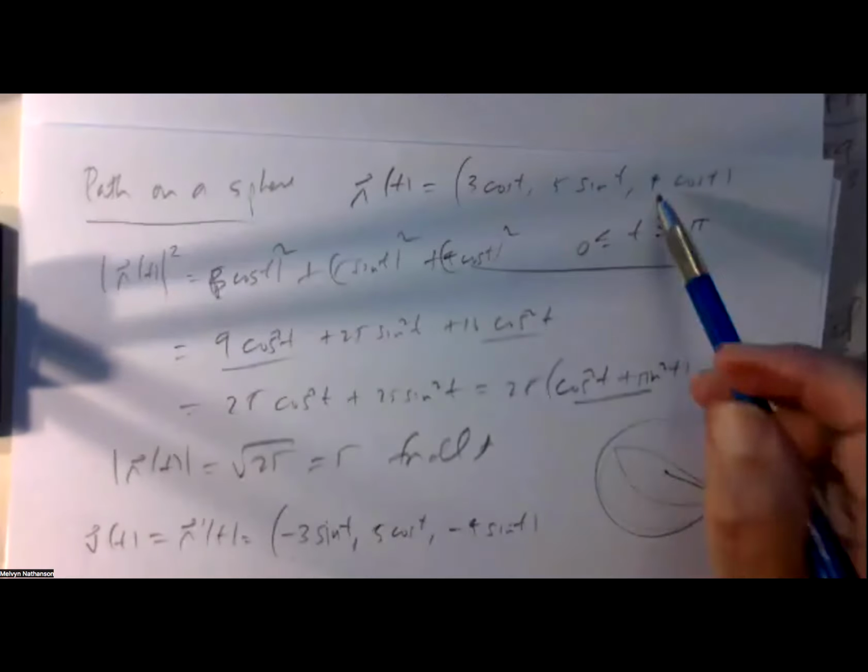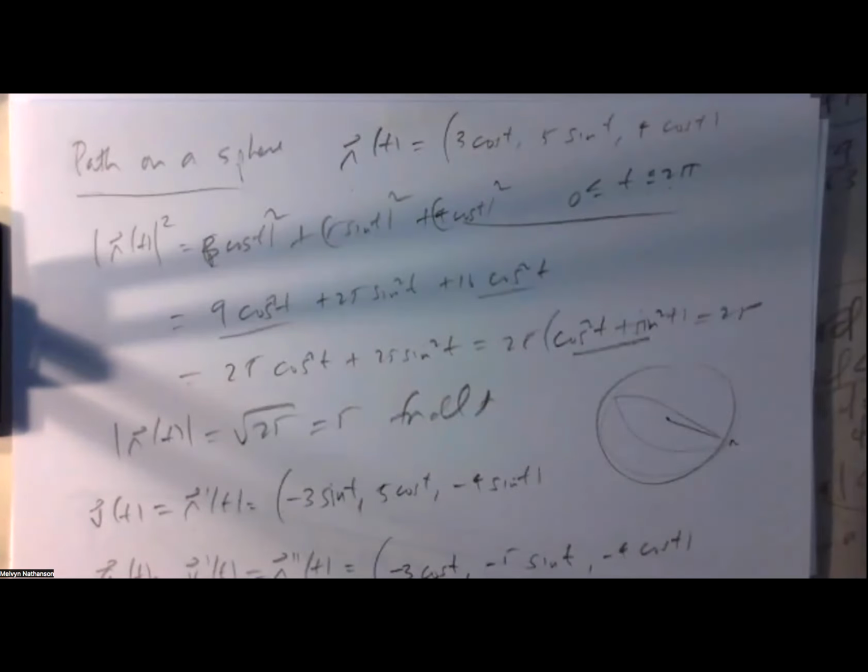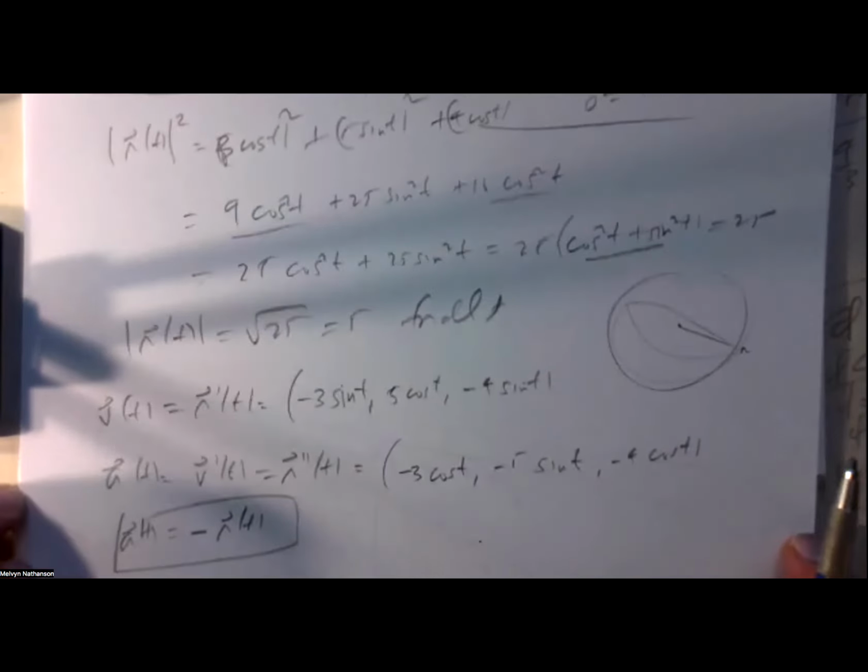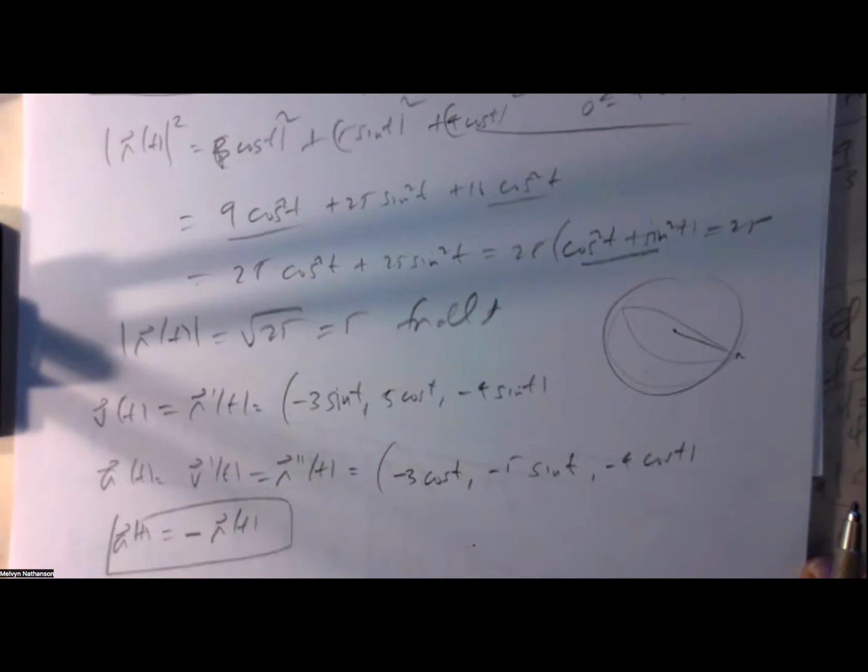If I compare that to r of t, I see this is exactly minus r of t. So the acceleration and the position of this particle moving on the sphere are always pointing in exactly opposite directions, parallel but opposite.